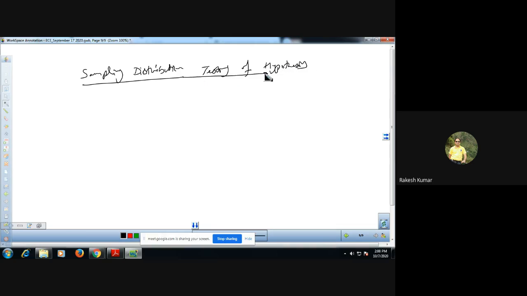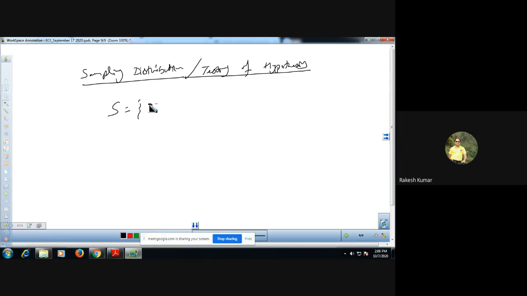So under this, we have some basic definitions, that is, what is a sample. A finite subset of a universe is said to be a sample. Suppose we take the set of the output of tossing a coin 10 times.